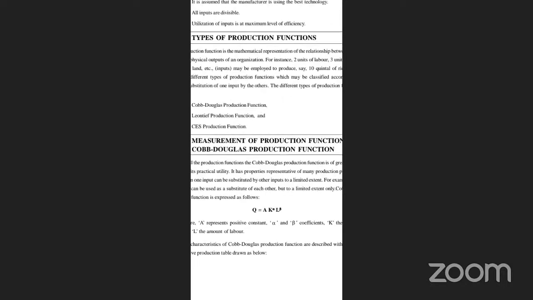Now look at the Cobb-Douglas production function. This is Q equals A, K to the power of alpha, and L to the power of beta, where A is denoted as a positive constant, alpha and beta are coefficients.